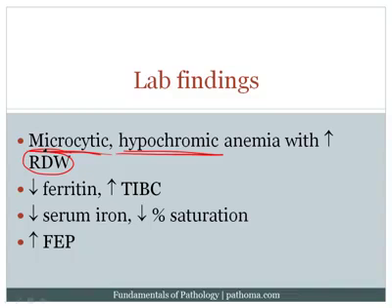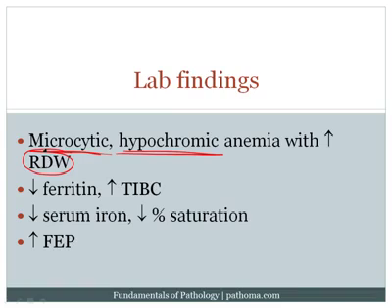And then, once the iron deficiency progresses, it will begin to make smaller cells. So there's going to be a spectrum. There's going to be some normal cells, and there's going to be some small cells. And so that spectrum of normal cells and small cells is going to widen the distribution of the size of the red blood cells, and so the RDW is going to increase because of this broad spectrum of varying sizes of the red blood cells.